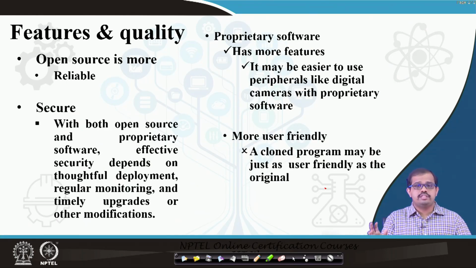And when you look at features, the first thing that any user will ask about is the feature. What are the features that are there in open source? How does the development happen? What kind of development is there? And how well can it compare with the features of a proprietary software?